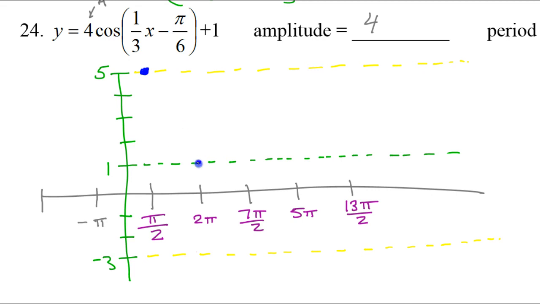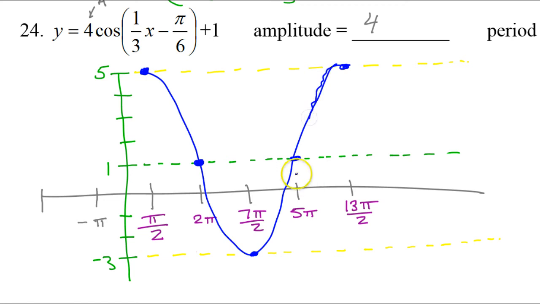Then cosine falls to the midline, then it falls to the lowest value, and then it returns to the midline, and then it goes to its highest value. Okay, so my cosine graph is going to look something like this. Okay, something basically like that.